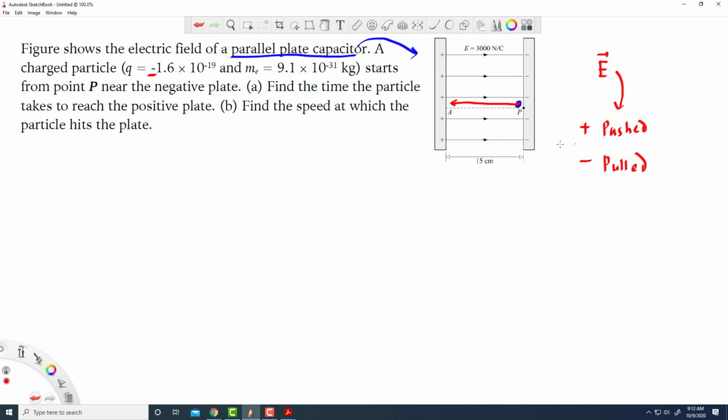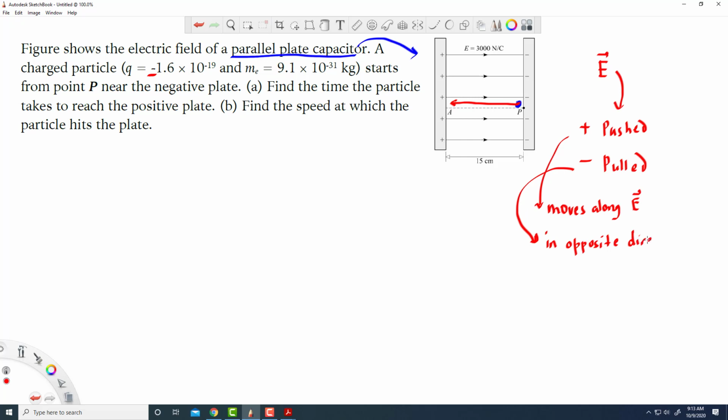positive charge moves in the same direction as electric field, move along the direction of electric field, and negative charges move against or in direction opposite to an electric field, in opposite direction.